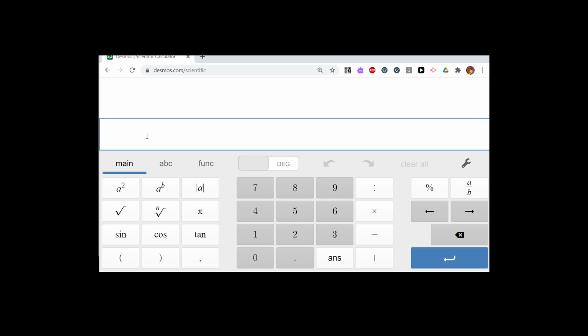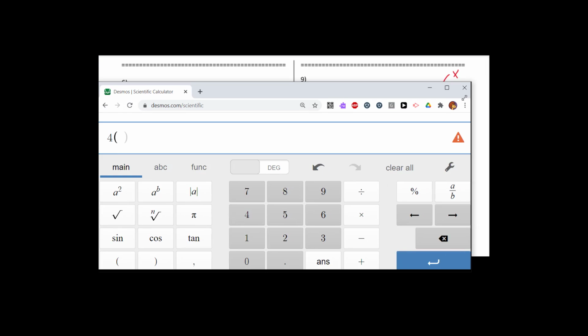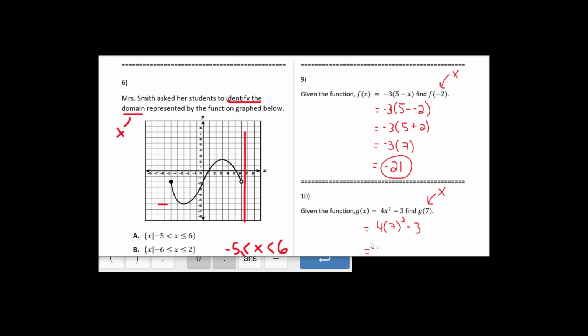So here I have my calculator, and I'm going to write 4, parentheses, let me try to remember again. So it is 4, parentheses, 7, close parentheses, then squared, -3. So if you see right there, 4(7) squared minus 3 is 193. So I'm going to go ahead and write my answer, 193. And there we go.